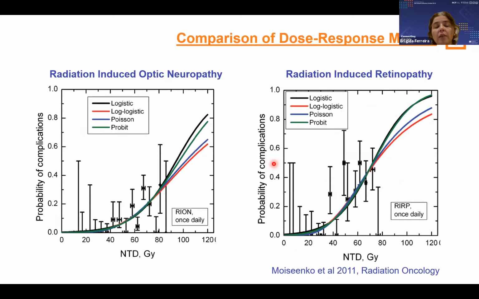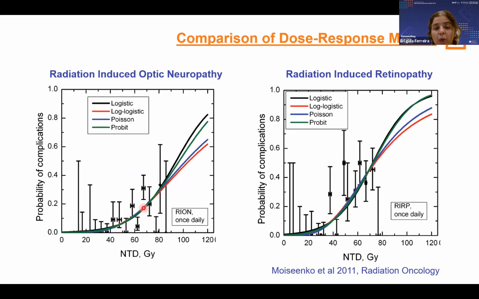In this study, by Moiseenko, they were comparing different dose response models. There are many models available in the literature, simpler and more complex, using fewer or more variables. Here they compared these four models.